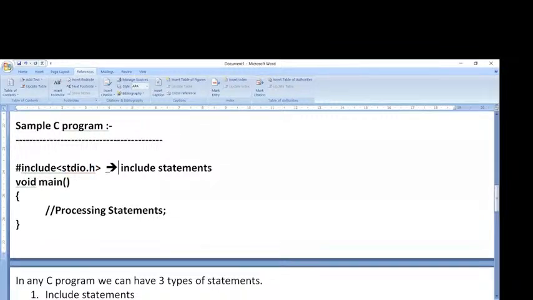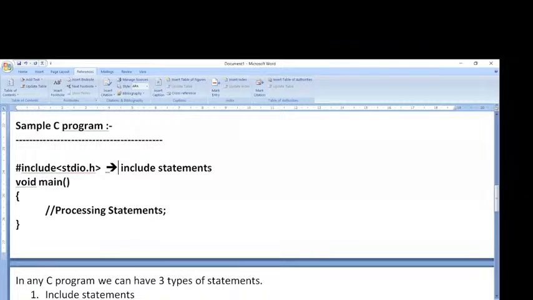It is also called a preprocessor directive.